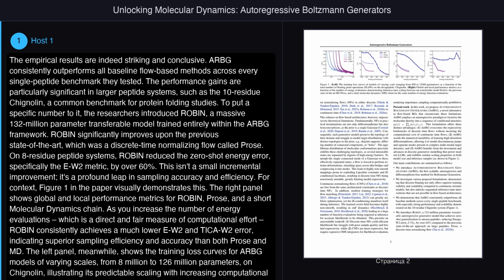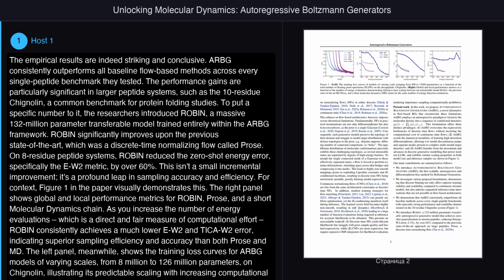The empirical results are indeed striking and conclusive. ARBG consistently outperforms all baseline flow-based methods across every single peptide benchmark they tested. The performance gains are particularly significant in larger peptide systems, such as the 10-residue chignolin, a common benchmark for protein folding studies.